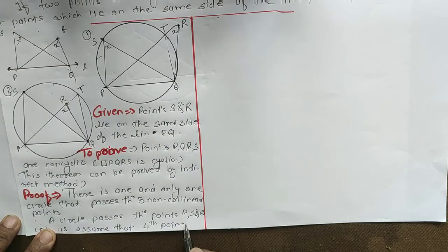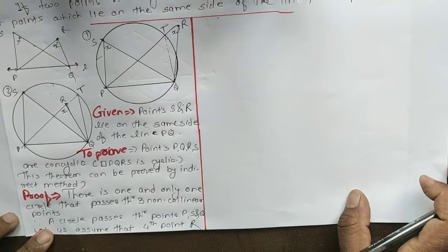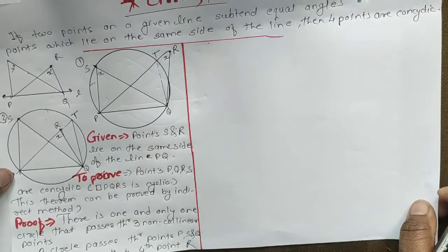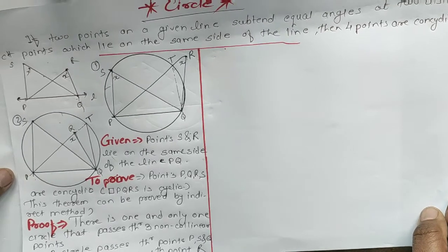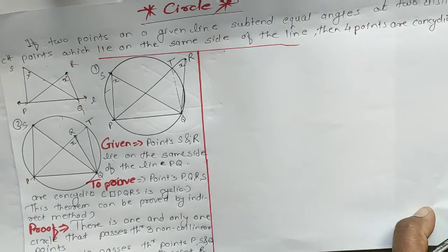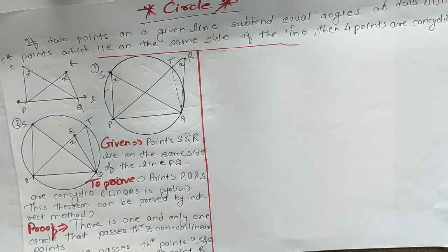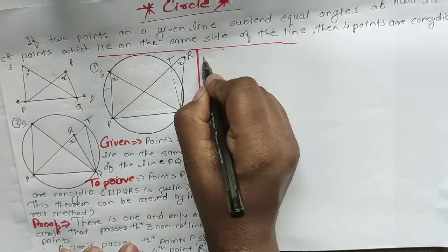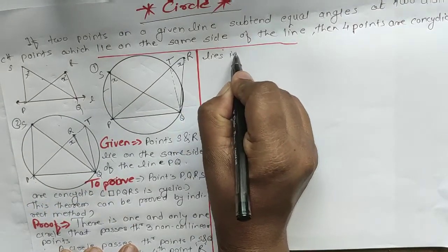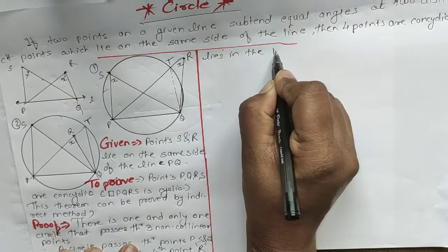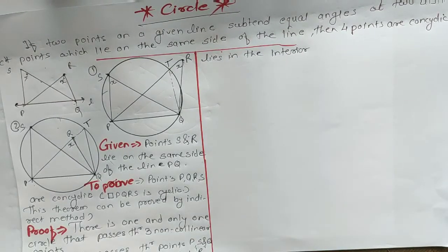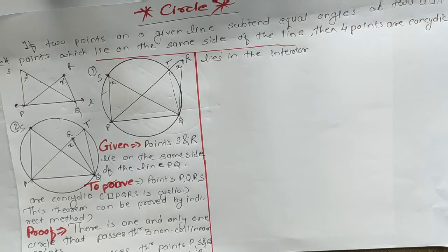Okay, so therefore fourth point R lies in the interior or exterior of the circle.